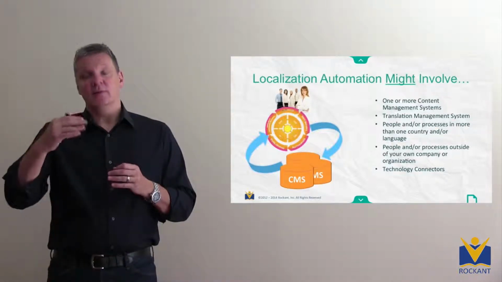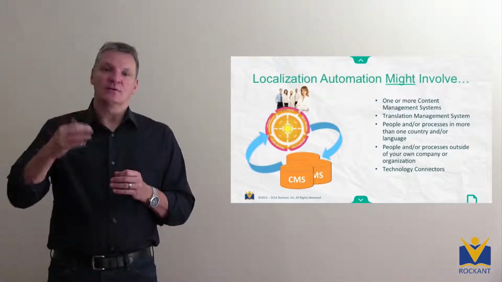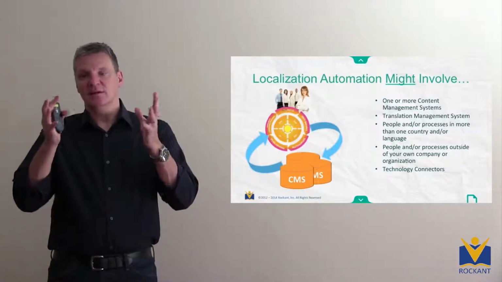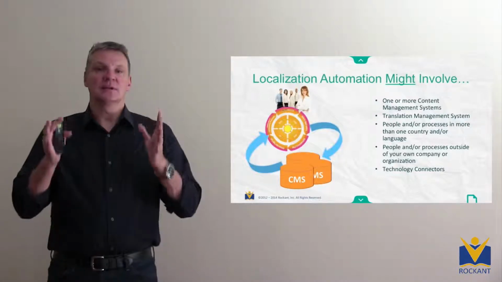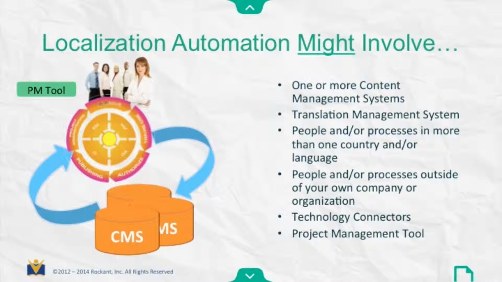And very often, or most likely, you also have a staging review process in the content management system where you can see that translated document in context of everything else that's on the page. Localization automation might also involve a project management tool for many tasks that you need to do outside of the actual translation process.